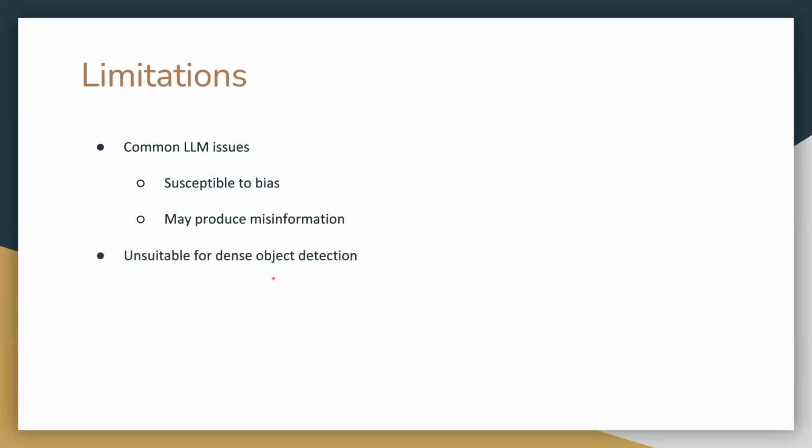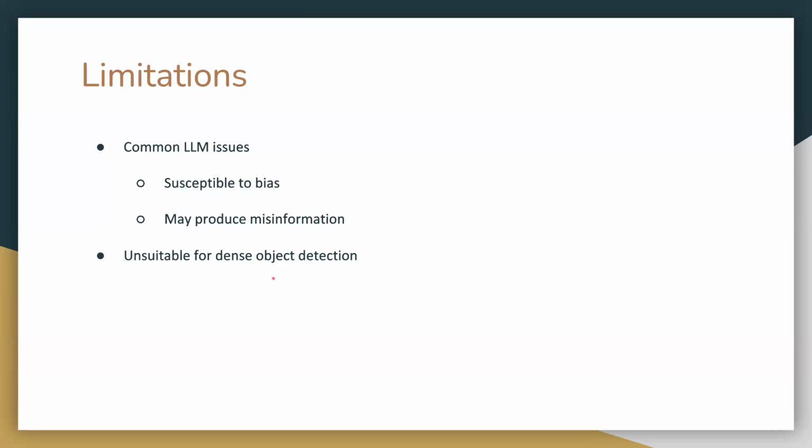So now that we've covered all the evaluations and experiments, I'd like to talk about some of the limitations of the model. First, it still has an LLM component, which means it still has the common LLM issues. It is susceptible to any biases that can be induced by the training data. And additionally, it may provide misinformation in the form of answering questions incorrectly or telling you something that's otherwise untrue.